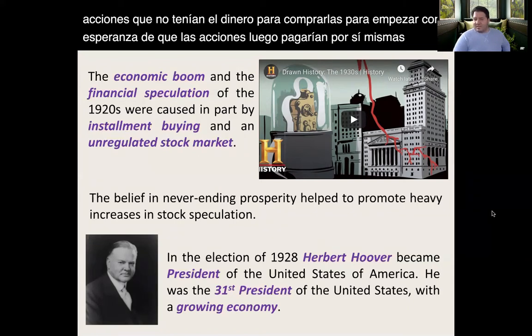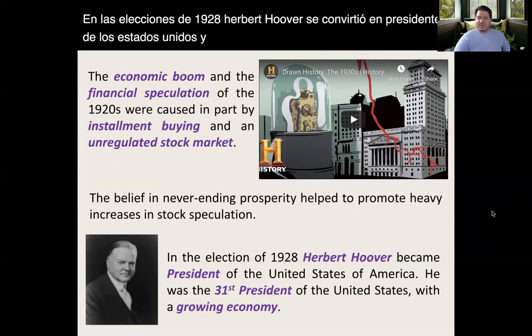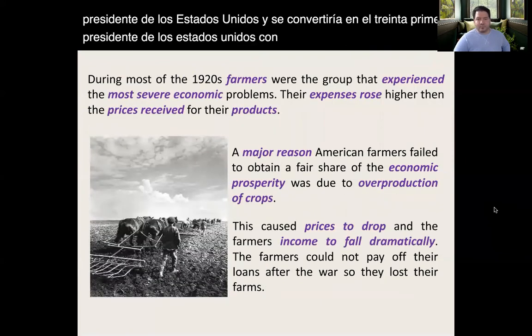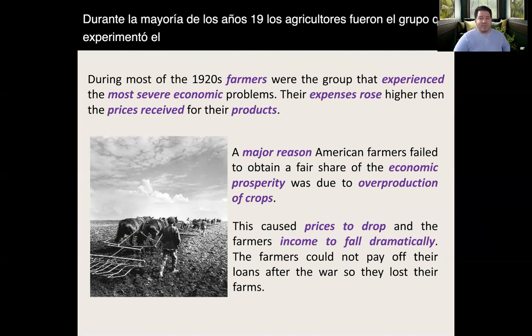In the election of 1928, Herbert Hoover became president of the United States, and he would become the 31st president of the United States with a growing economy. During most of the 1920s, farmers were the group that experienced the most severe economic problems. Their expenses rose higher than the prices that they received for their products.